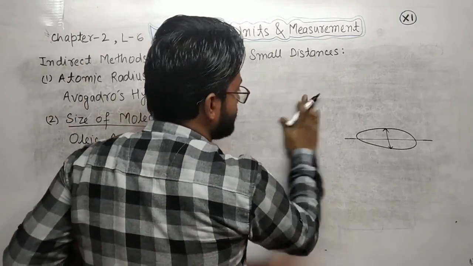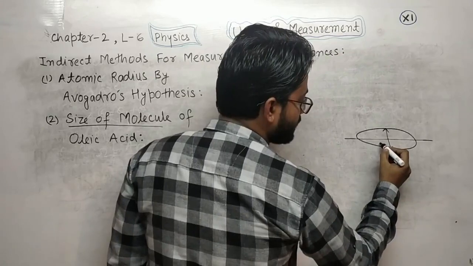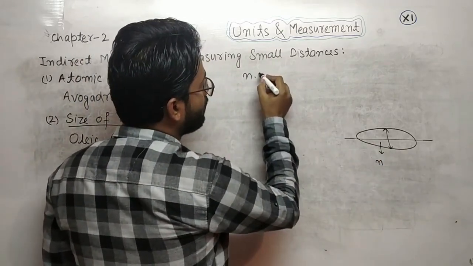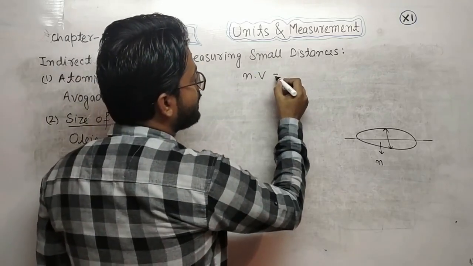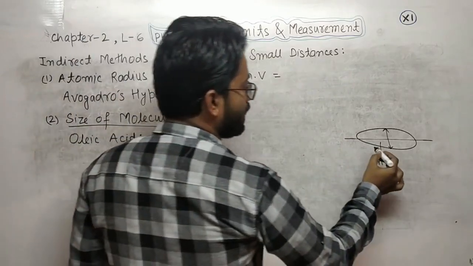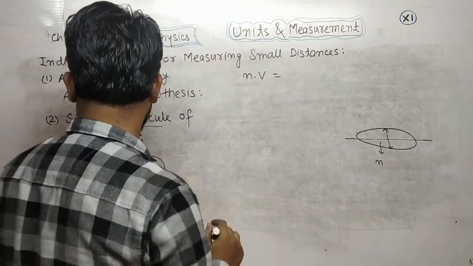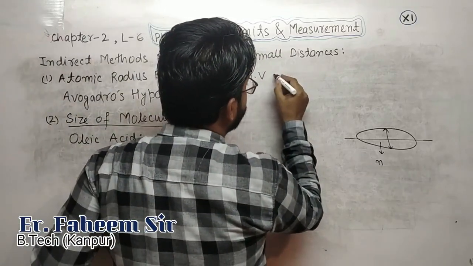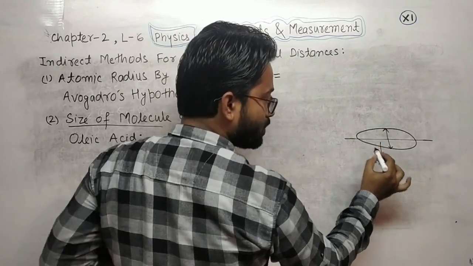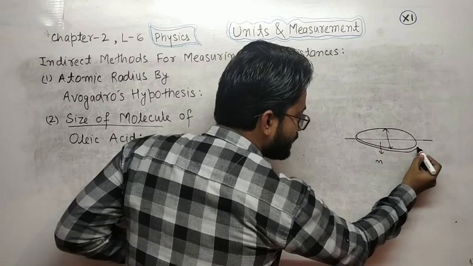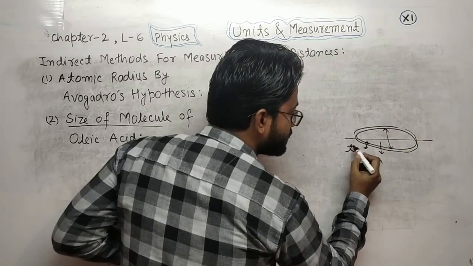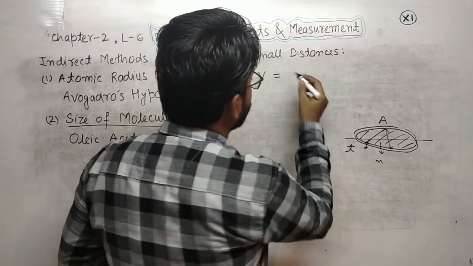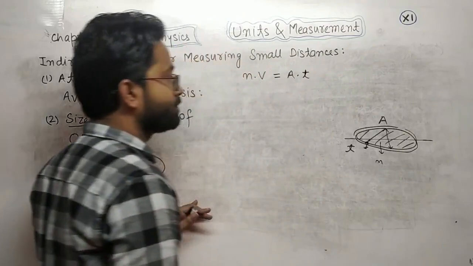How will you calculate? Let us suppose this circle is made up of n drops, and the volume of one drop is V. That will be equal to n, the number of drops, times V, the volume of one drop, and that will be equal to the volume of the disc. Let us suppose the thickness is T and the area is A. The volume of the disc will be equal to A into T. Okay, this is very simple.